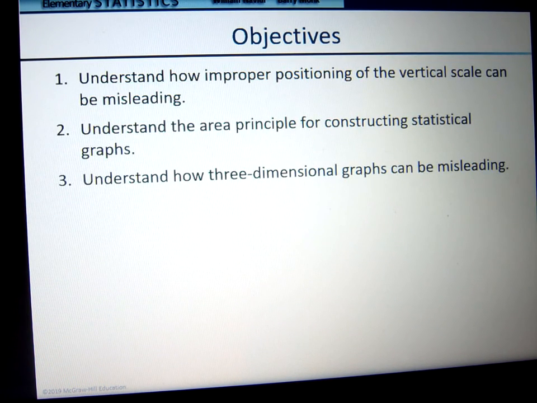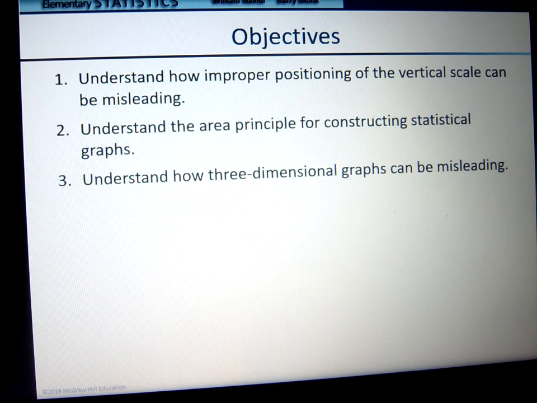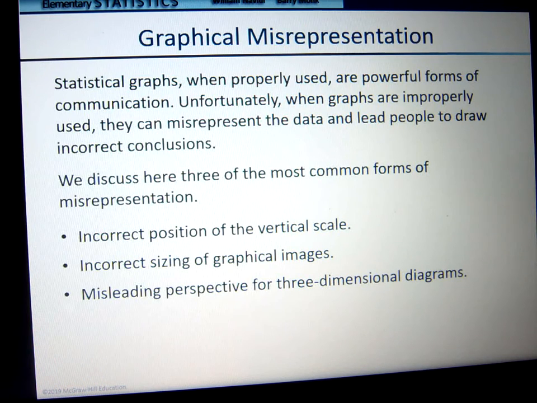Understand how improper positioning of the vertical scale can be misleading. We're going to understand the area principle for constructing statistical graphs, and we're going to understand how three-dimensional graphs can be misleading. Statistical graphs, again, when properly used, can be powerful forms of communication.